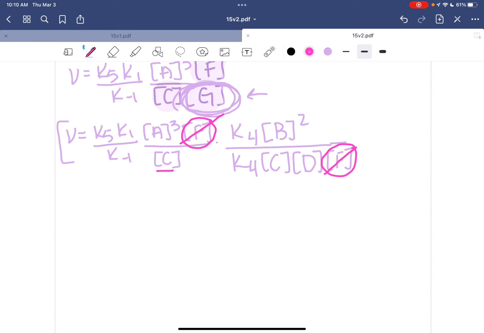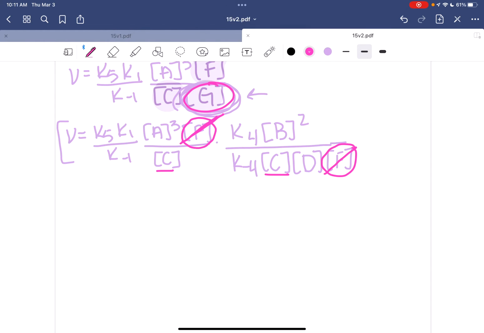Unfortunately, we can't do that with C because they're multiplied, so they're not going to cancel out. They'll multiply to each other, but that's okay because we were able to get rid of both G and F in this equation.